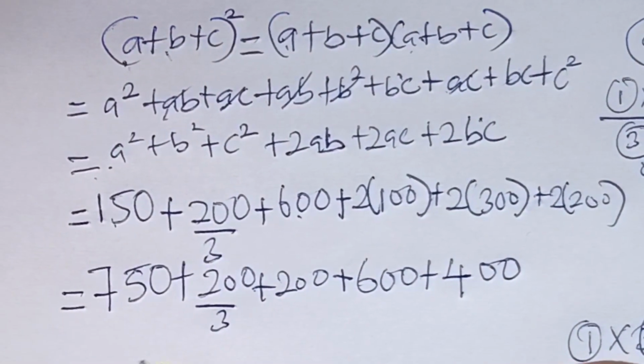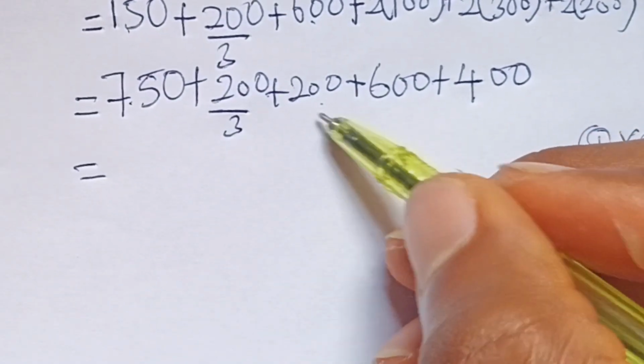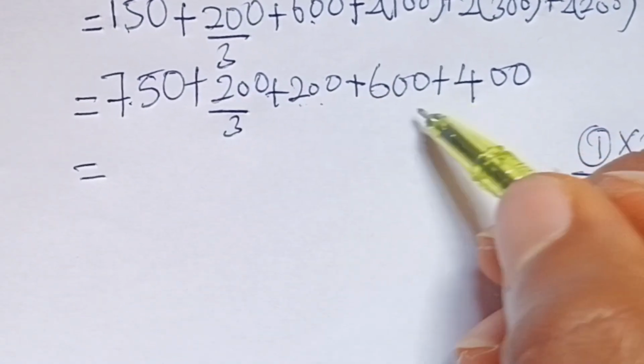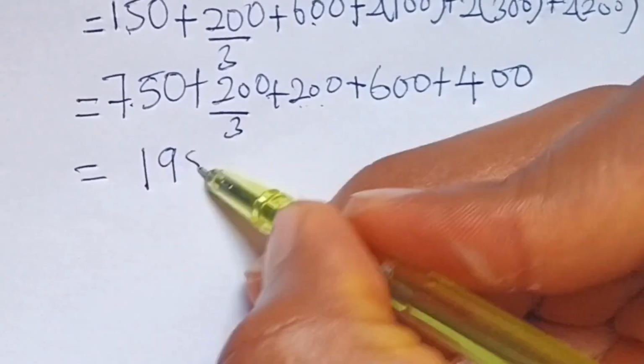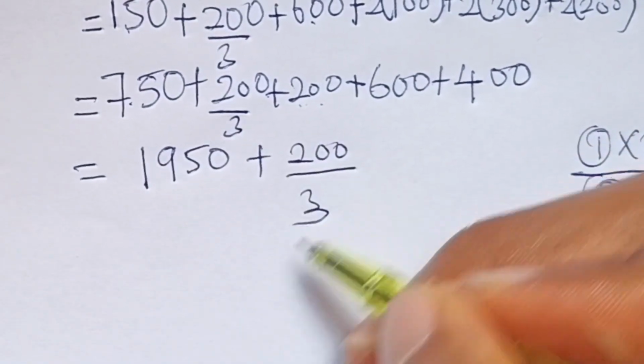Now adding up, we have 750 plus 200 to be 950. 950 plus 1000 is 1950, plus 200 over 3.